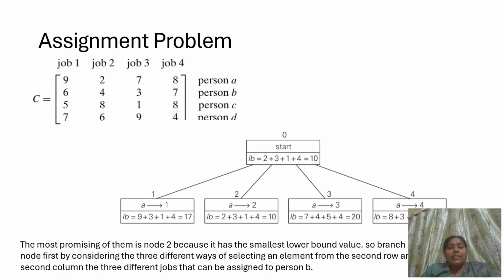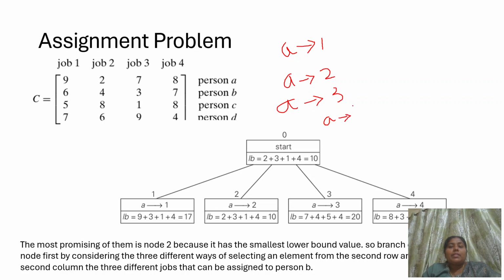We take the first person A. He may be assigned to job 1, or to job 2, or to job 3, or to job 4.